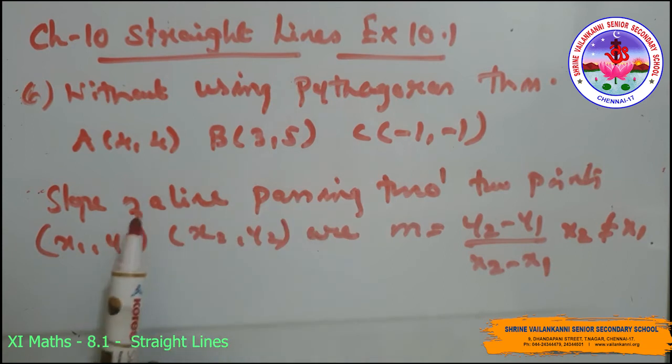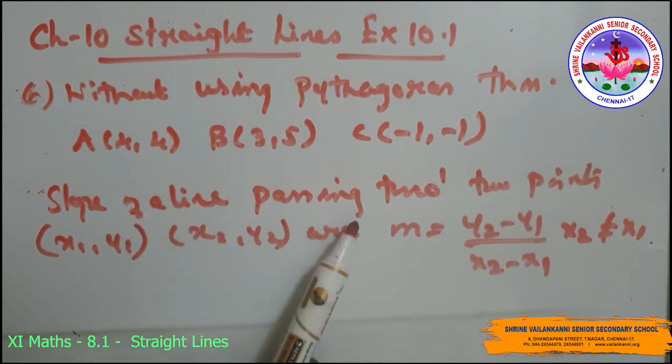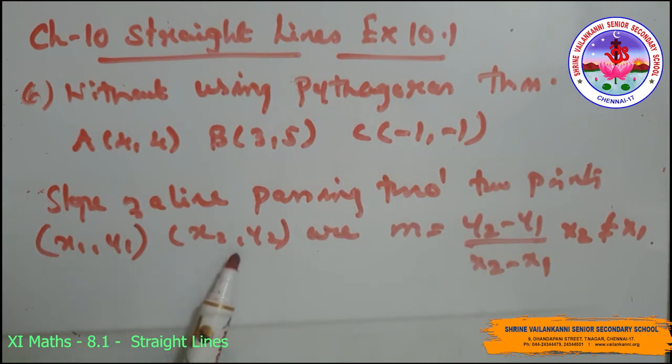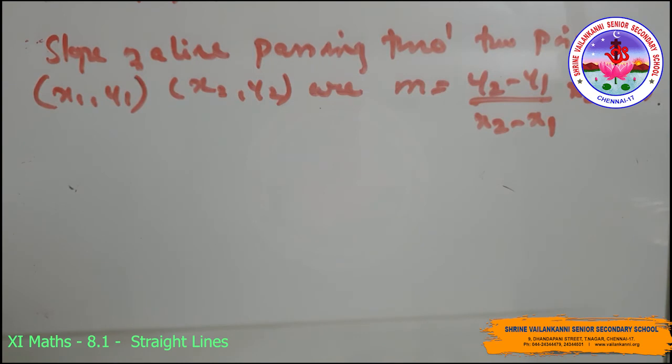It is known that the slope m of a non-vertical line passing through 2 points (x1, y1) and (x2, y2) is given by m equal to (y2 - y1)/(x2 - x1), where x2 is not equal to x1. To show that the points are the vertices of a right angle triangle, we are going to find slope of AB, slope of BC and slope of AC.